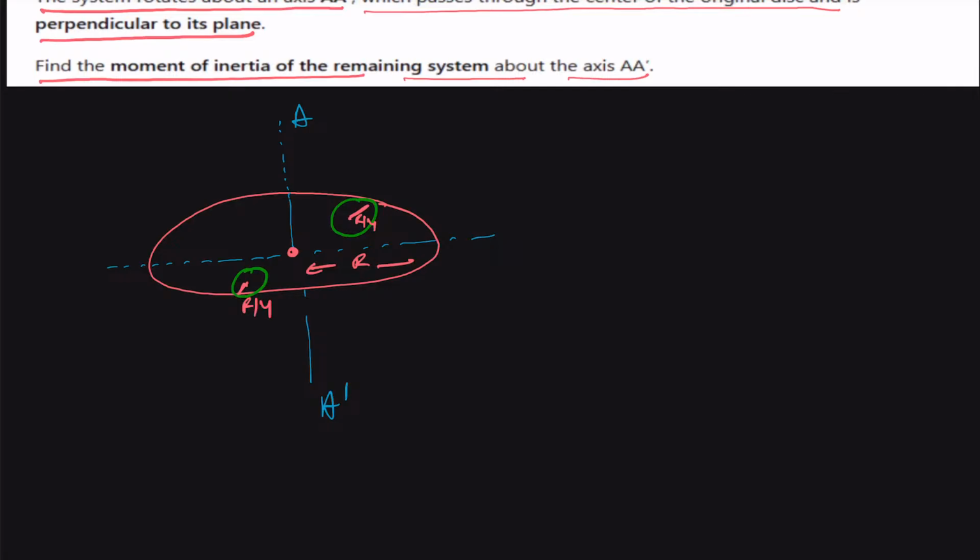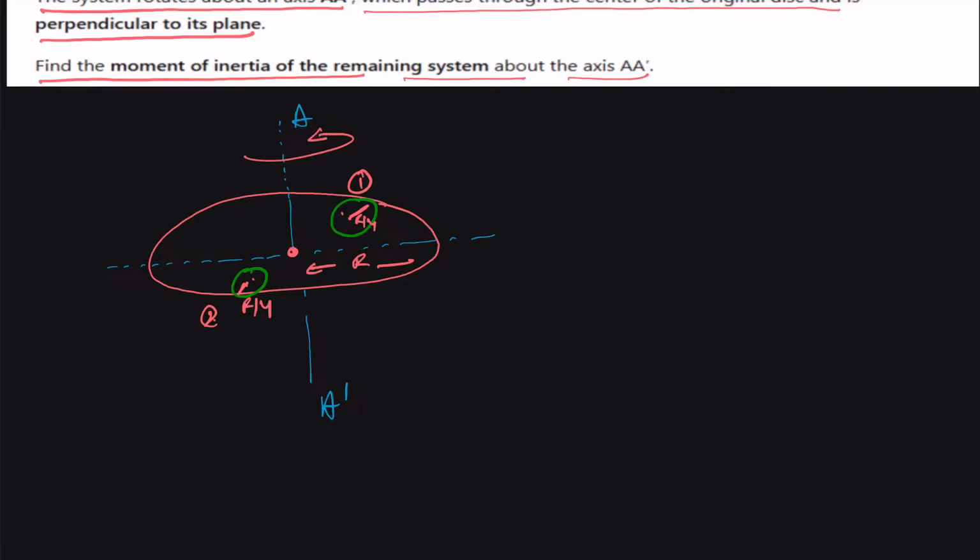Whatever calculation we do for the first disk, the same calculation will hold for the second disk. And it is in this direction.